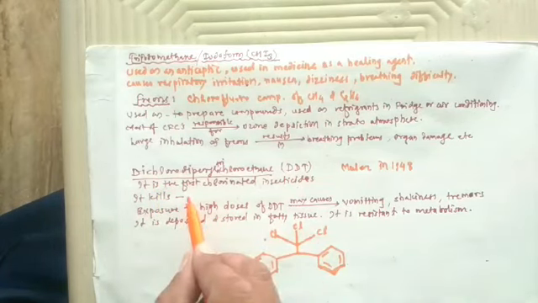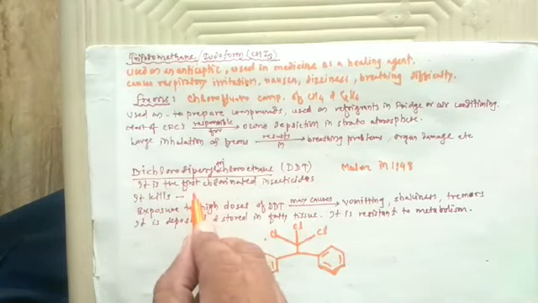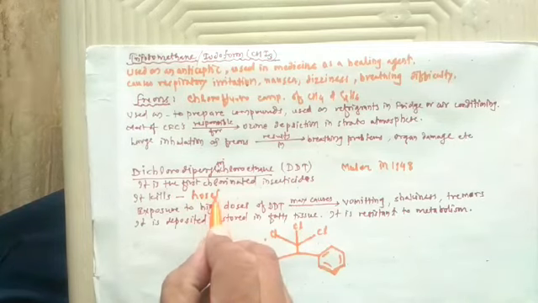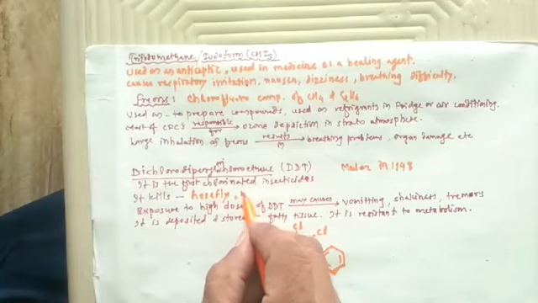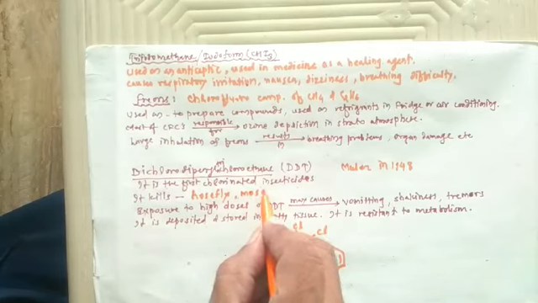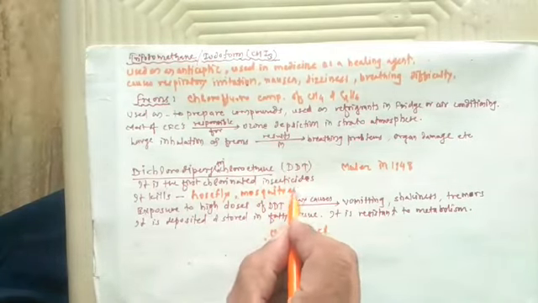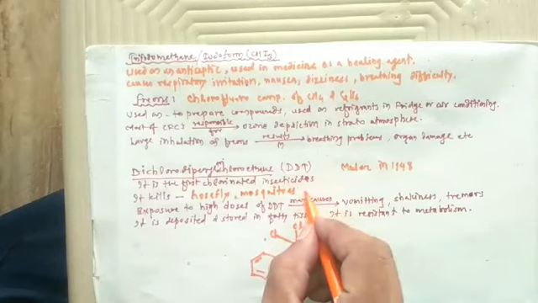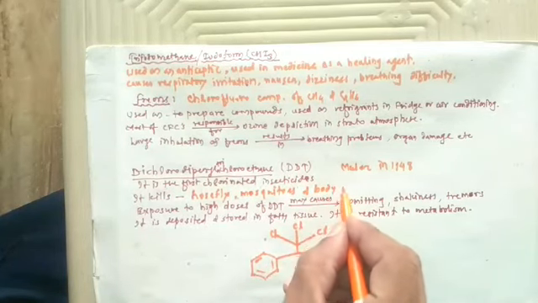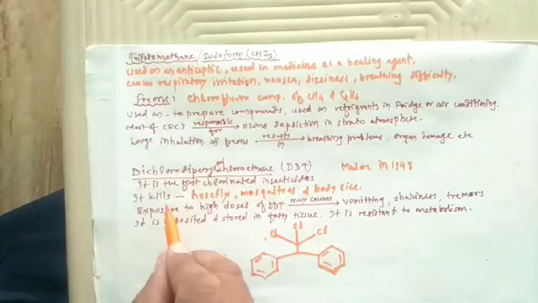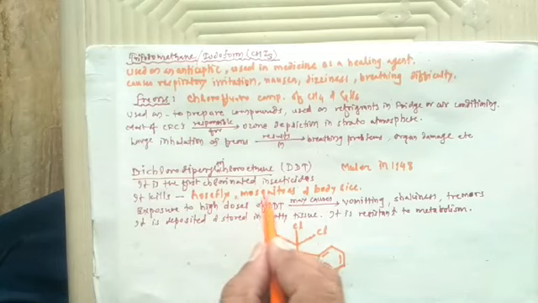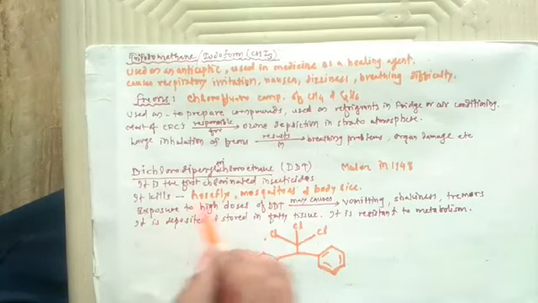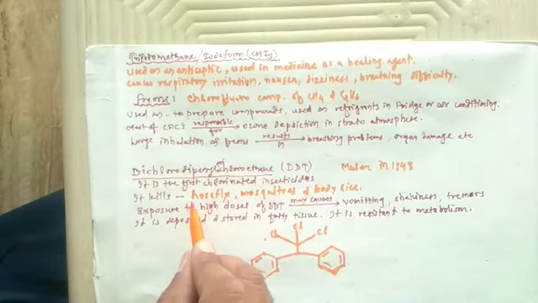DDT kills insects like houseflies, mosquitoes and body lice. This DDT is also used for controlling malaria.